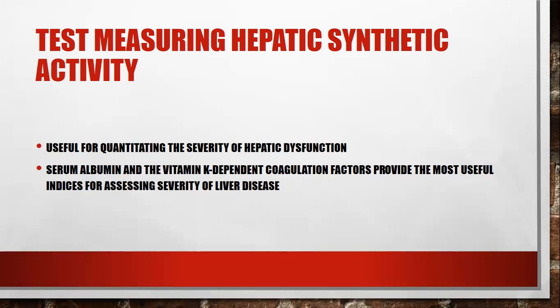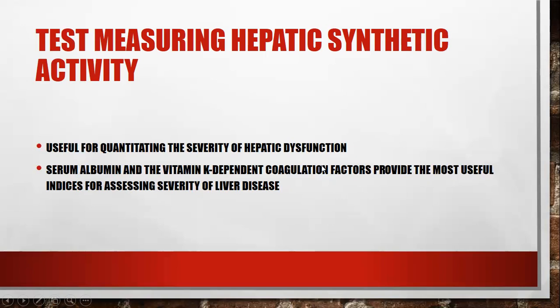Now, the different parameters that we use in the lab to measure hepatic synthetic function may be protein, particularly serum albumin, and determination of the different vitamin K dependent coagulation factors.